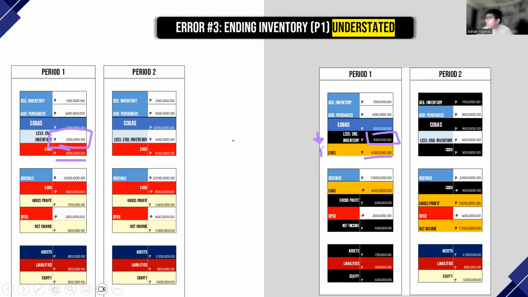So naging overstated yung COGS. So papasok, mag-chain error, overstated yung COGS mo. So yung 1 million na dapat 300,000 lang isusubtract, naging 400,000. So therefore, itong COGS na to will give us a lower gross profit at 600,000, when it should have been 700,000.